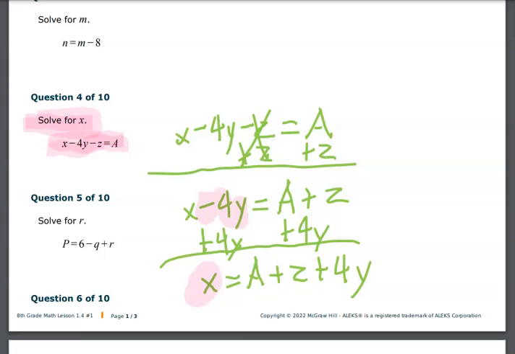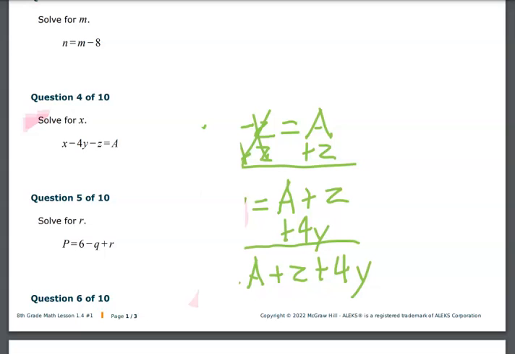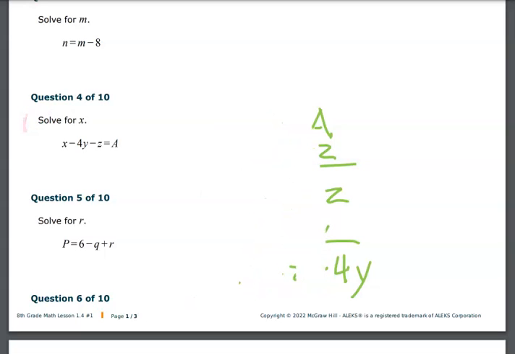Let's do another example. We're going to do number 5. So I'm going to erase all of this. Okay. And I'm going to first look at what I'm solving for.